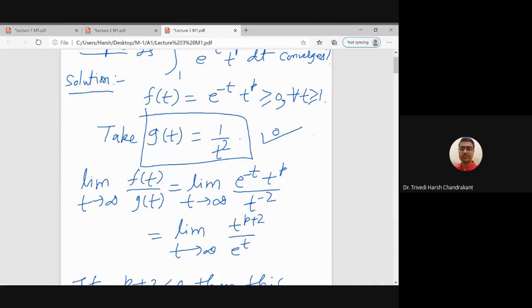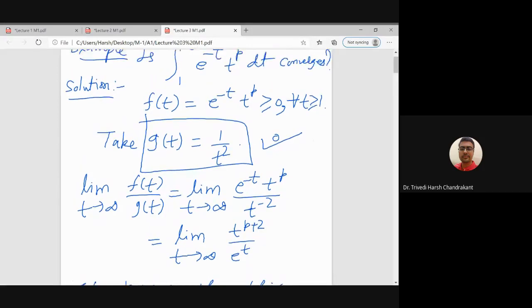So the limit as t tends to infinity of f(t) by g(t) is the limit as t tends to infinity of e power minus t, t power p, divided by t raised to minus 2. Then the power minus 2 will come in the numerator, it will become plus 2.